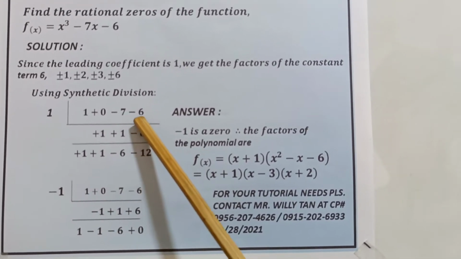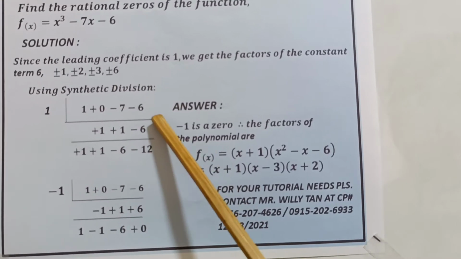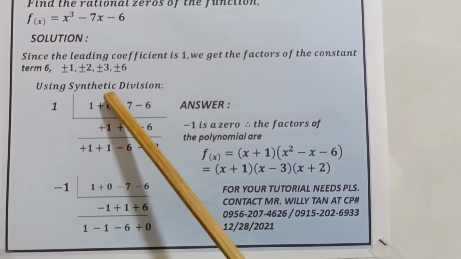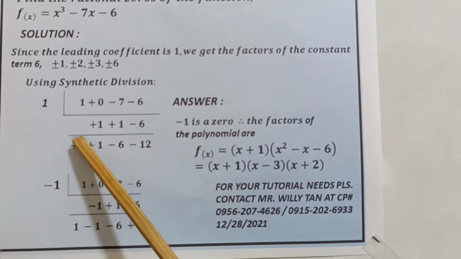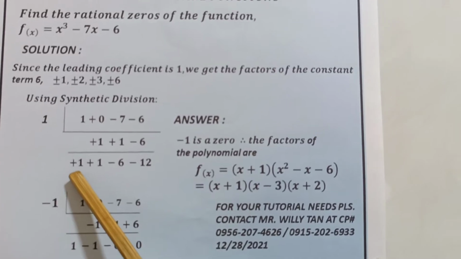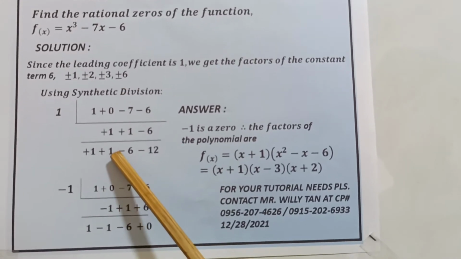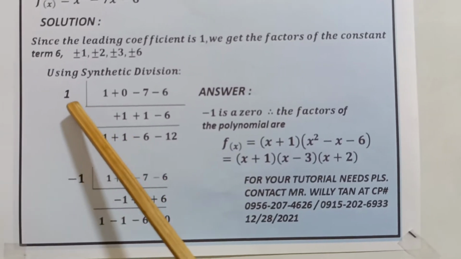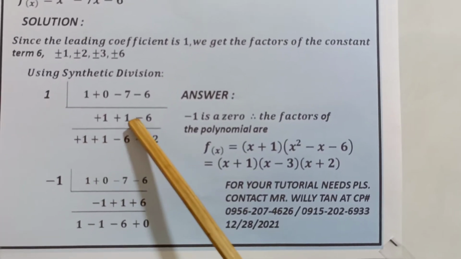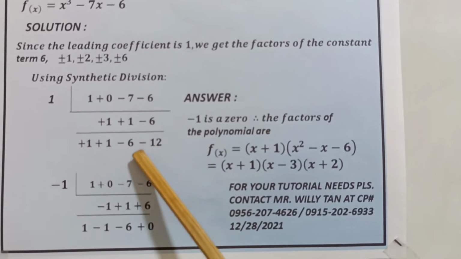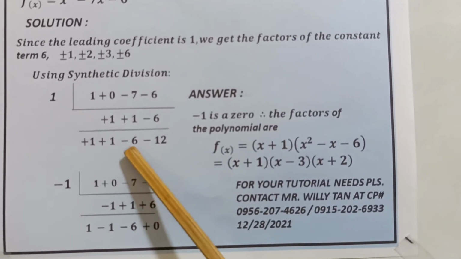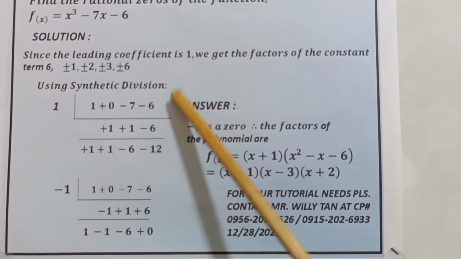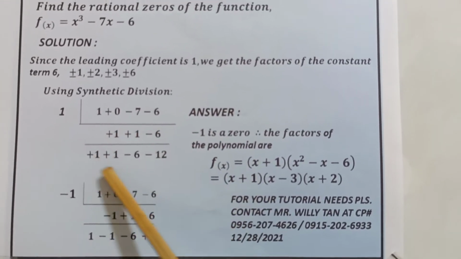In making use of synthetic division, we bring down the first number, then multiply 1 times positive 1 is positive 1. Then we add: 0 plus 1 is 1. Multiply again, 1 times 1 is 1; we add negative 7 plus 1 is negative 6. Then 1 times negative 6 is negative 6, and when we add, it becomes negative 12.